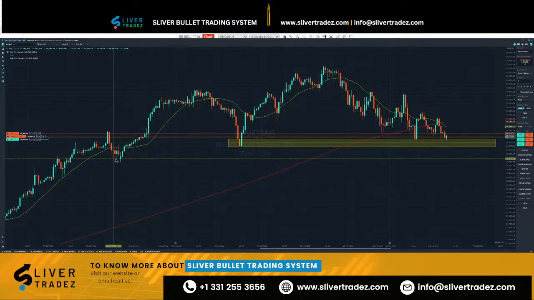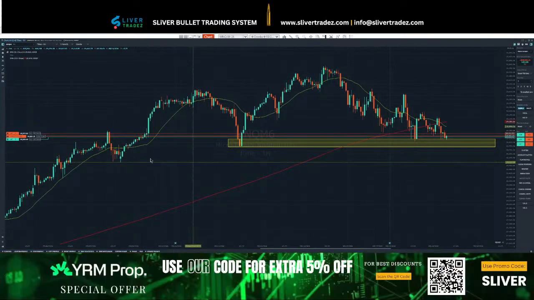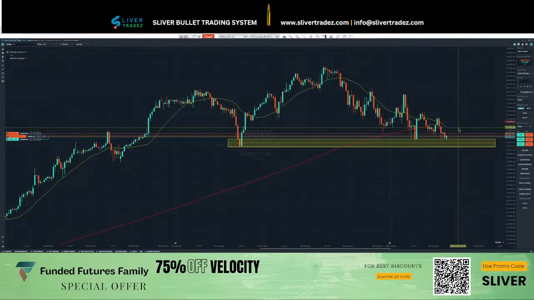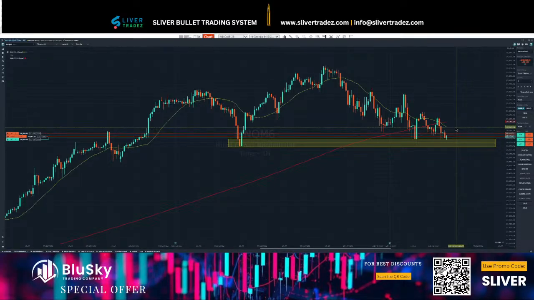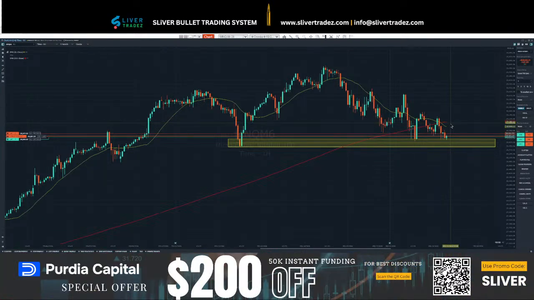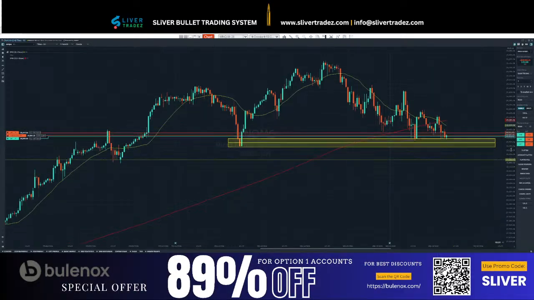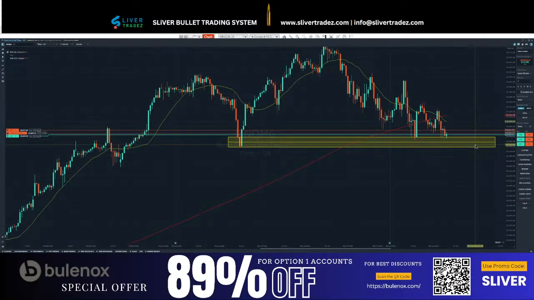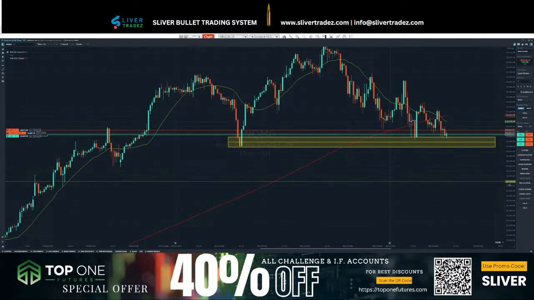And then there is another support here. I will draw that support if this support level is broken. So net, in summary, the pressure is still on the short side. As soon as we hit some resistance and short, we would be profitable.